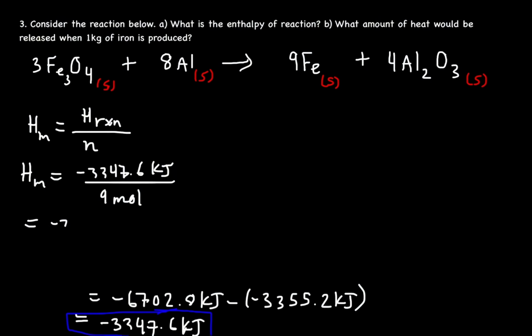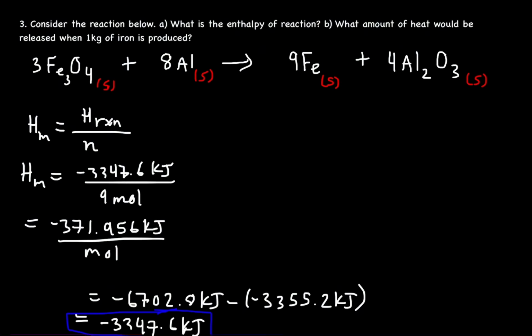So that gives negative 371.956 kilojoule per mole. So that's the molar enthalpy of iron.